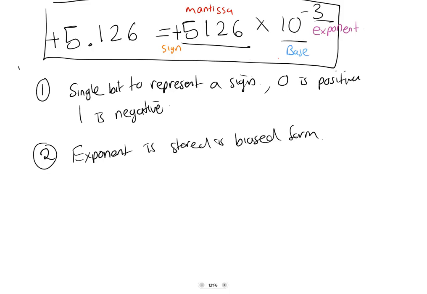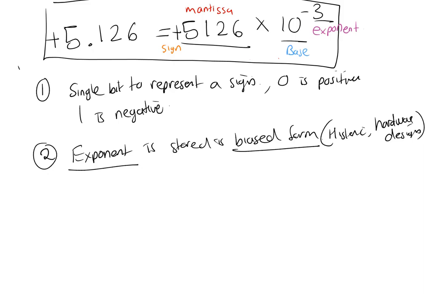So long story short, for the exponent, we need to actually add a number to it or subtract a number from it, and that number is something specific, which I'll give you. And the reason for that has to do with historical reasons and also hardware design. This hardware design comment will make more sense when we talk about gates and circuits, which is a topic for another day.